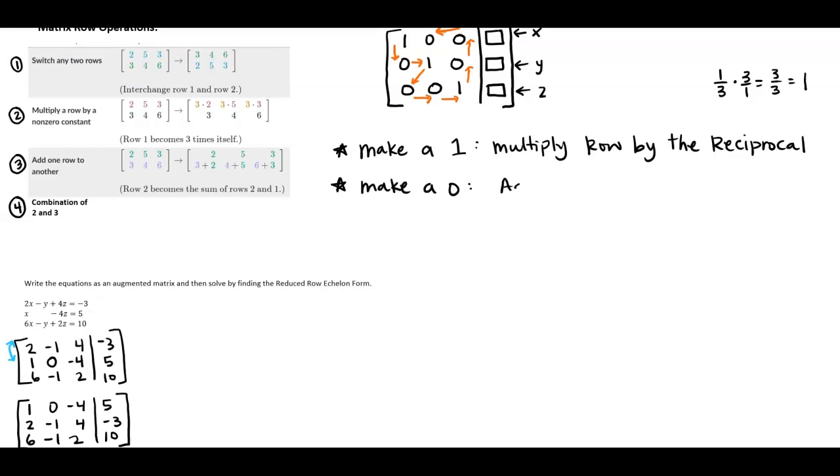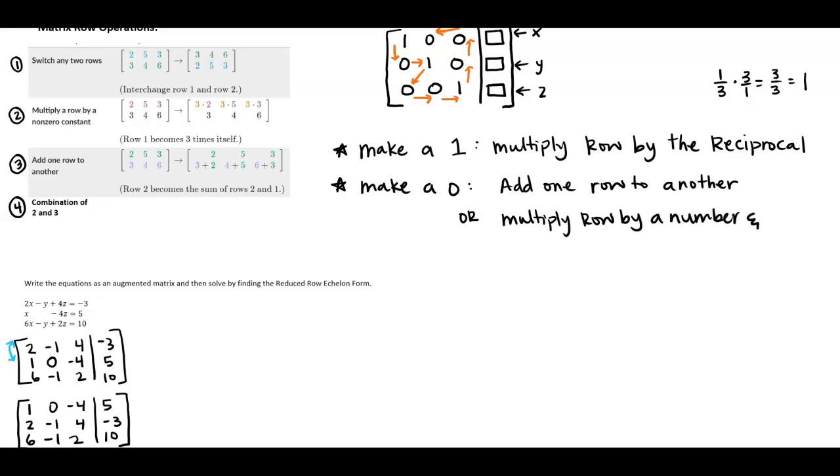You're going to add one row to another, or you might have to multiply it by a number and then add it to another row. These are the two things that we want to make sure we know how to do.